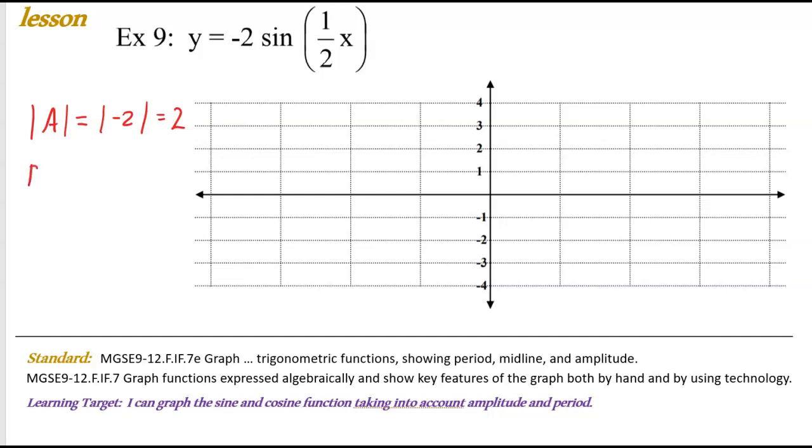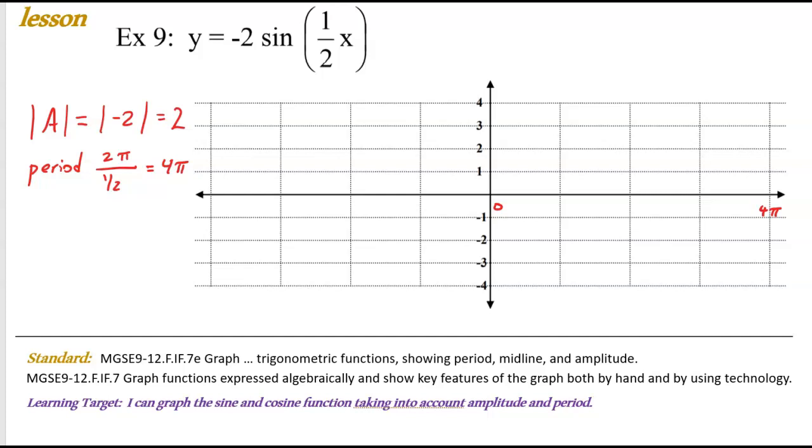All right, my period. My period is going to be 2 pi over 1/2, which is 4 pi again. So now I'm going to start at 0, and I'm going to 4 pi, which means between 0 and 4 pi, I should see one full period of my graph.